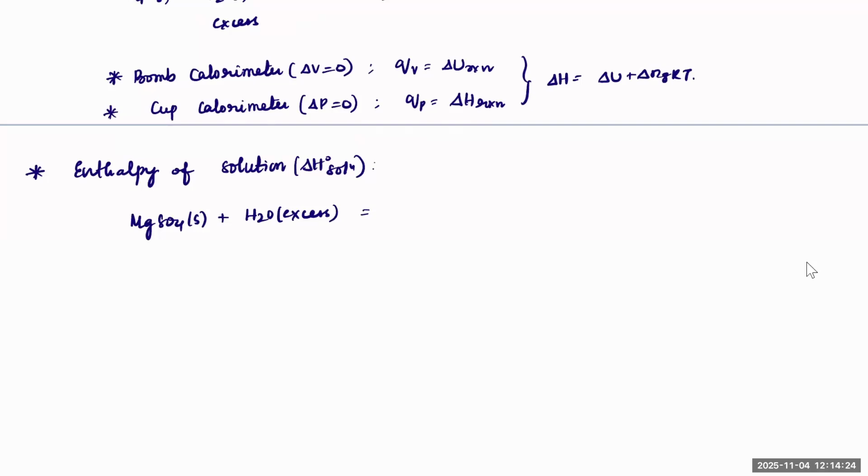Then this will convert into Mg2+ aqueous plus SO4 2- aqueous. Correct? So delta H naught of the solution is given as minus 91.2 kilojoules per mole.